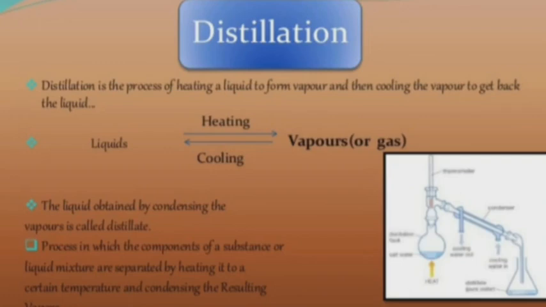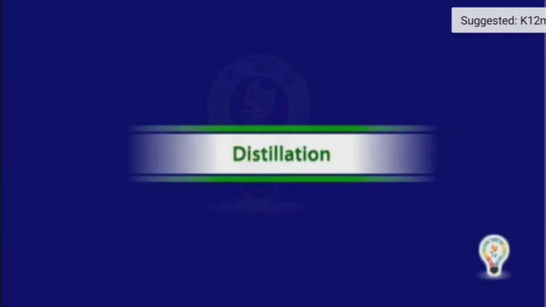Liquid, if you heat it, will convert into vapor, nothing but the gaseous form. Again, if you condense, if you cool those vapors, you can get back the liquid. So after this process, the liquid you get is called the distillate.